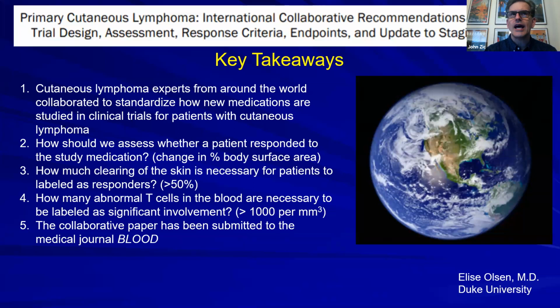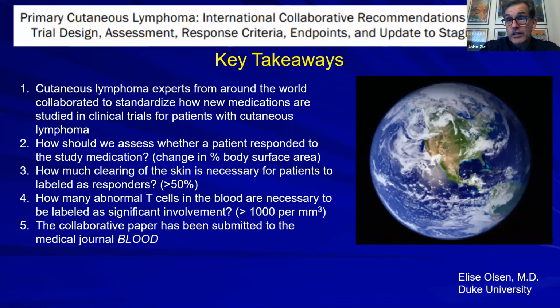So we kept that, but we have to figure out, how do you assess 50% clearing? You could look: if the patient starts with 50% of their skin involved with a cutaneous lymphoma, and after being on the study drug for 6 months, now they have 10%, well, that's clearly more improvement than 50%. So that particular patient would be labeled as a responder.